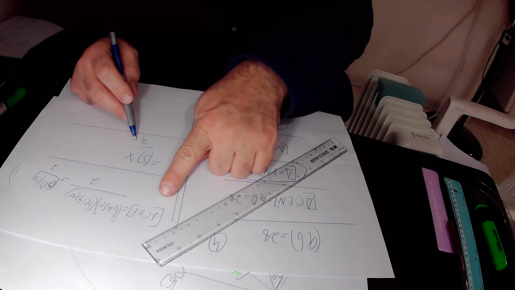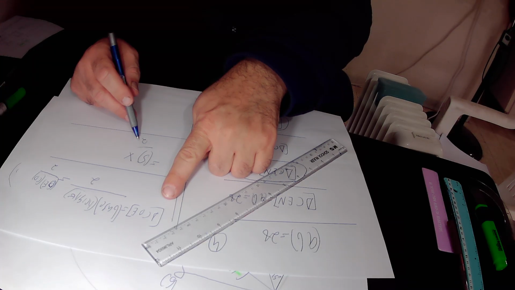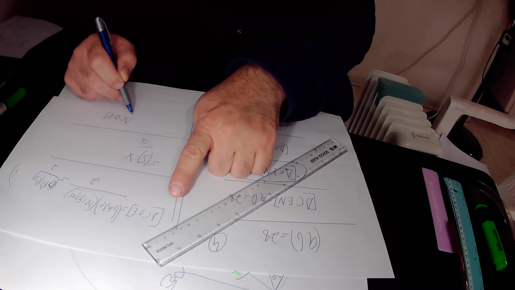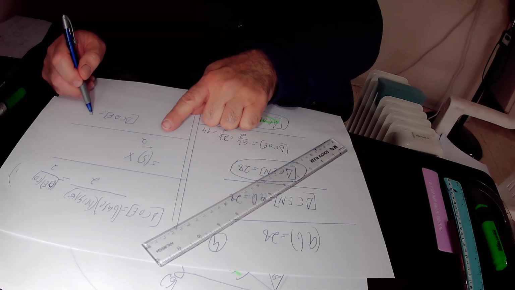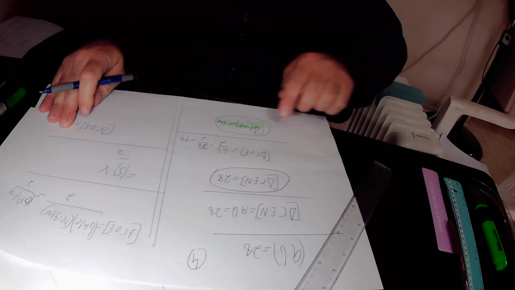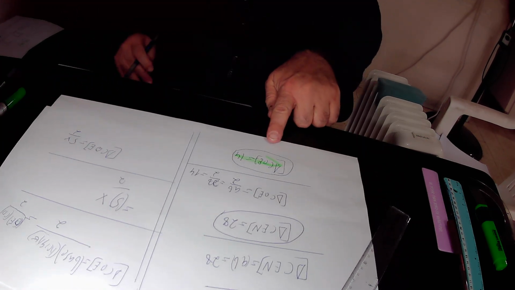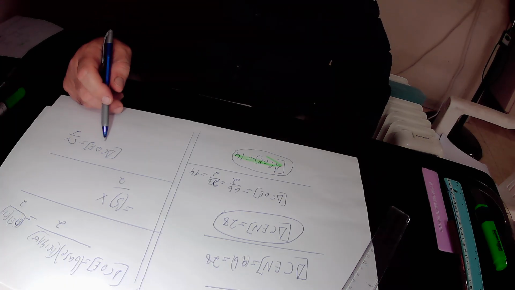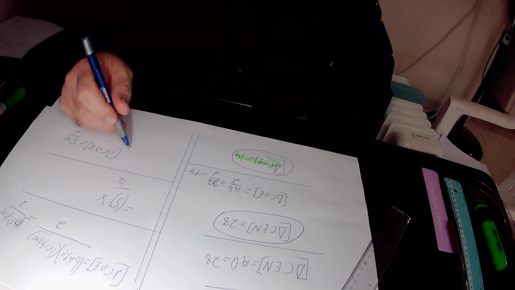So in total, we found that the area of the green triangle COE is equal to 5x over 2 square units. But we already found that the area of the green triangle COE equals 14 square units.